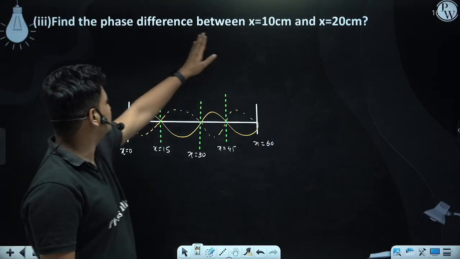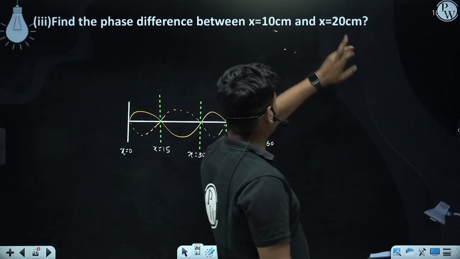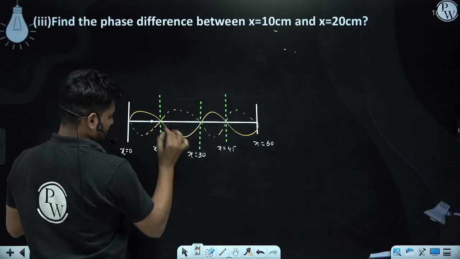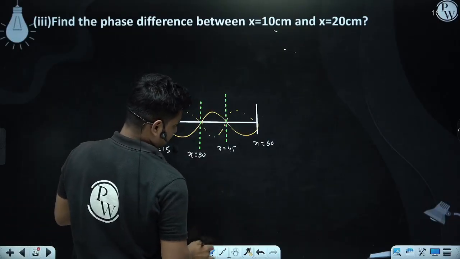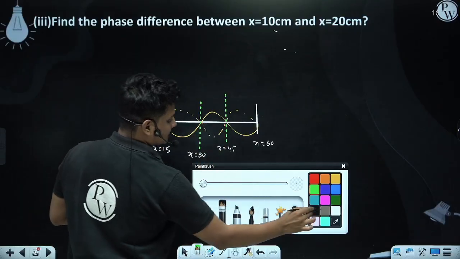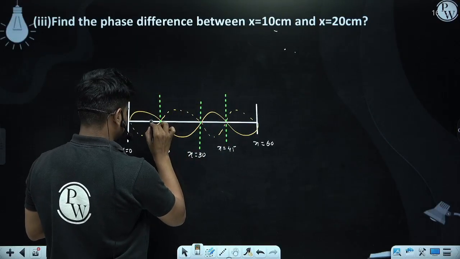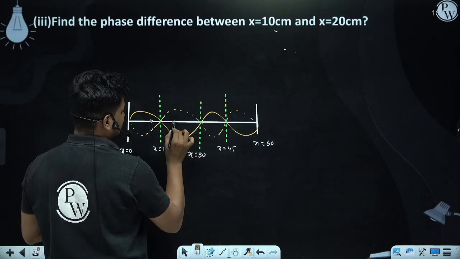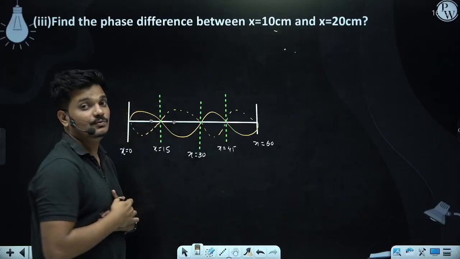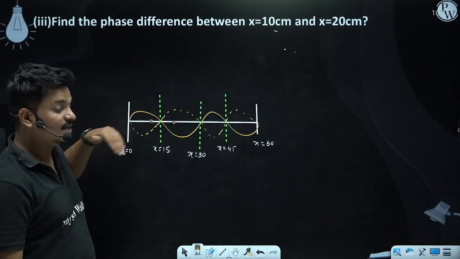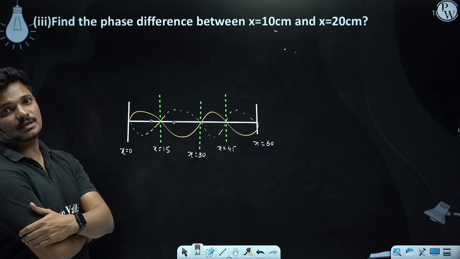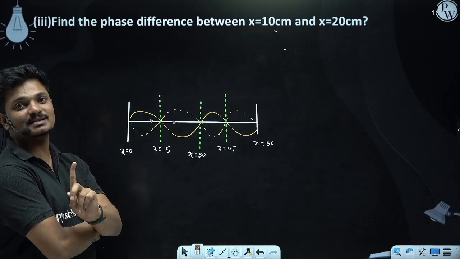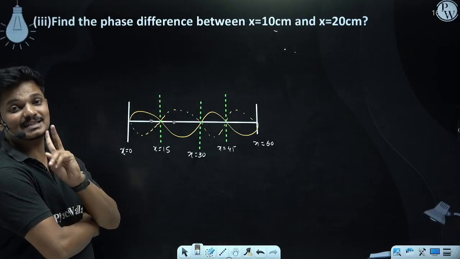Now the phase difference between x equal to 10 and x equal to 20. x equal to 10 is here, and x equal to 20 is in between 15 and 30, here. So we know one thing. What is the phase difference between particles in the same loop? 0. What is the phase difference between particles of adjacent loops? Pi.